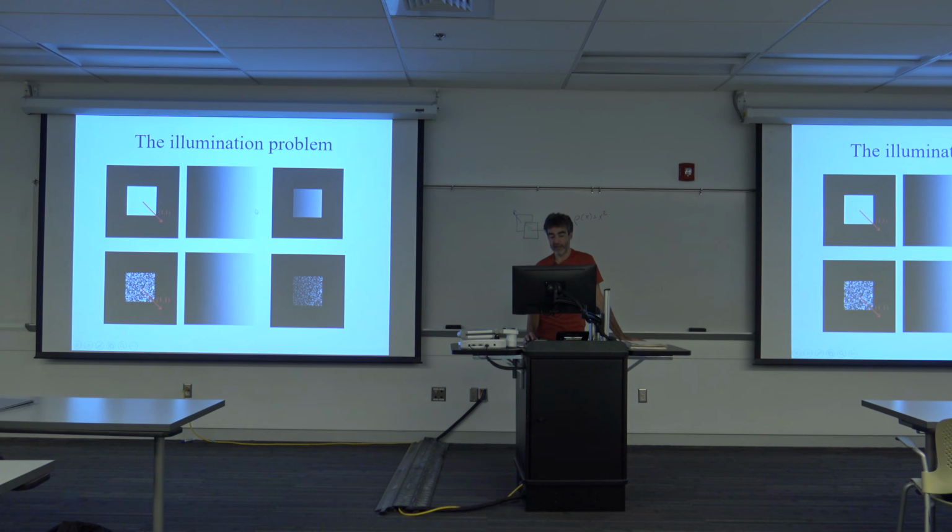But now I multiply this by this illumination change, by this shading change. Now I observe this, right? But all I've done is I've multiplied this by some illumination change, right? This would be probably a more realistic example with some texture inside that you can follow, okay?